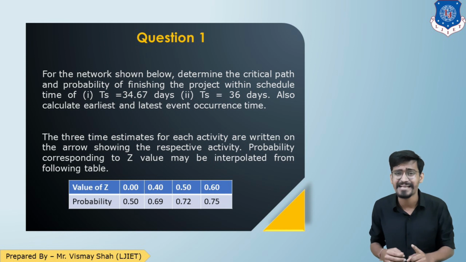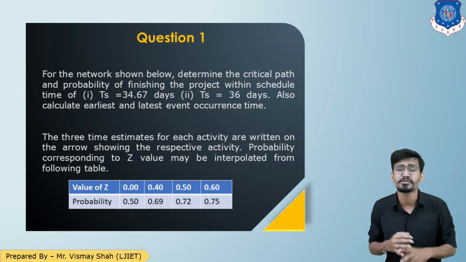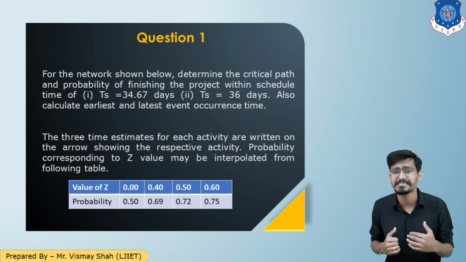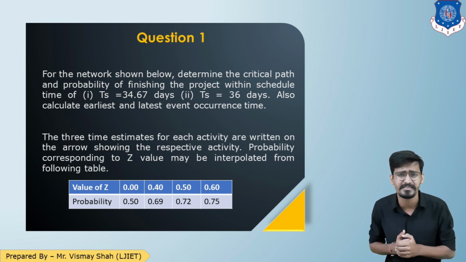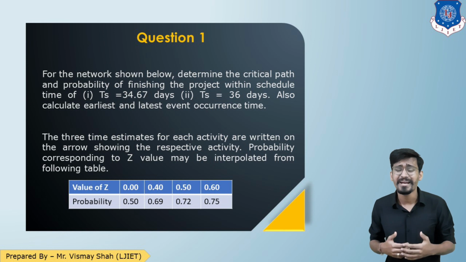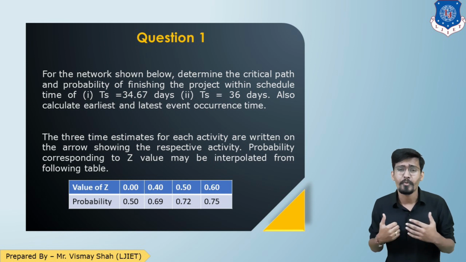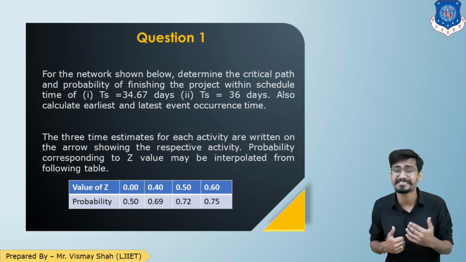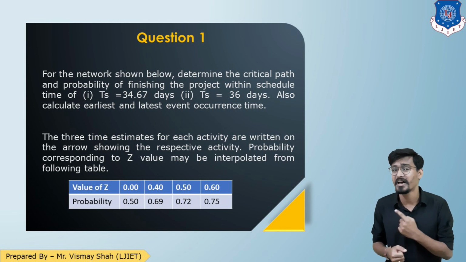TS, first TS is given as 34.67 days and second TS is given as 36 days. Also calculate the latest occurrence time and the earliest occurrence time. The 3 time estimates are represented on each activity and the value of probability corresponding to the Z value is represented in the table.